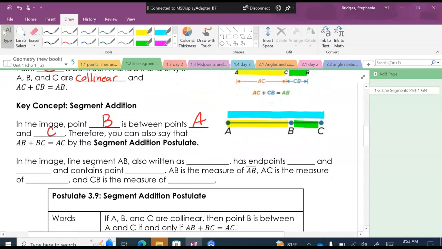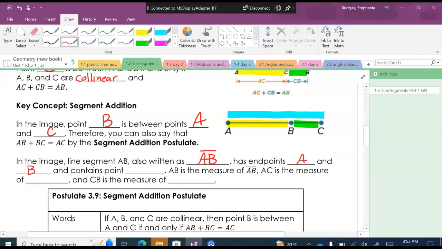In the image, line segment AB, which is also written like we discussed earlier, a capital A, a capital B with a bar over it, has what 2 endpoints if it's called line segment AB? A and B. Okay, that's how we name a line segment, is by its endpoints.